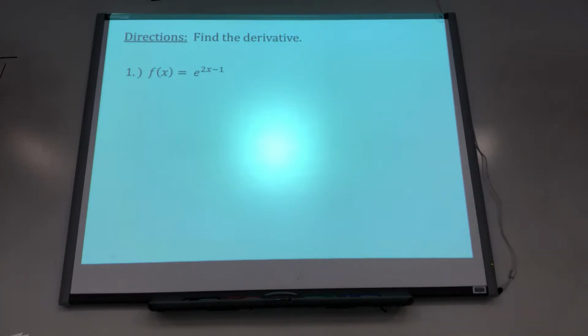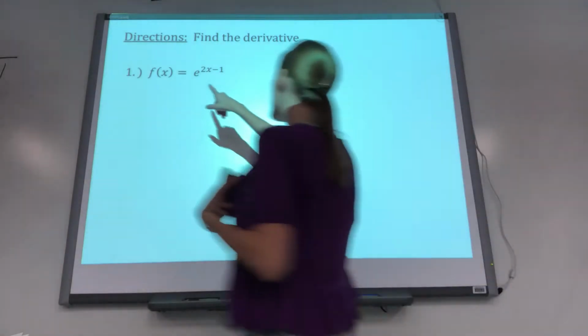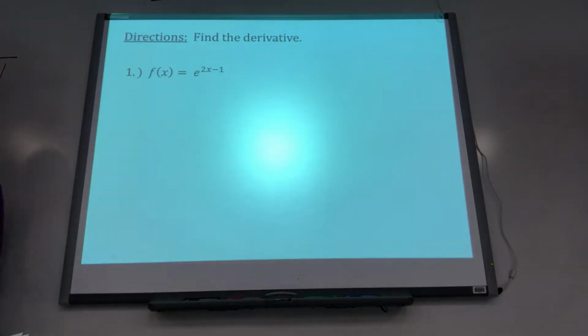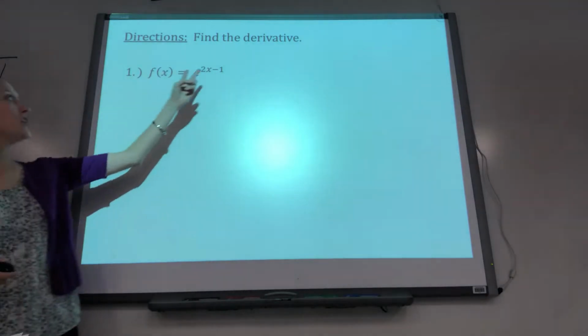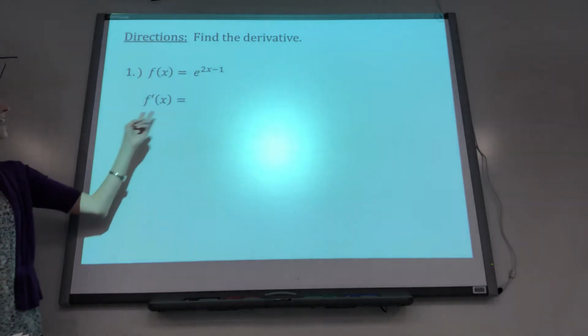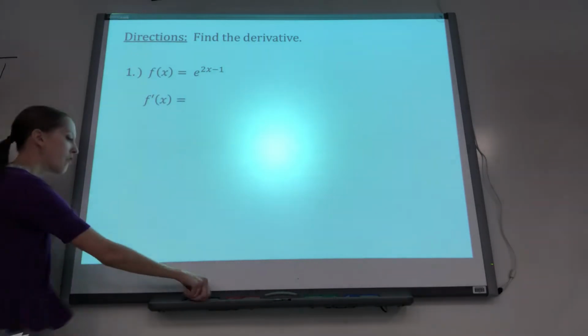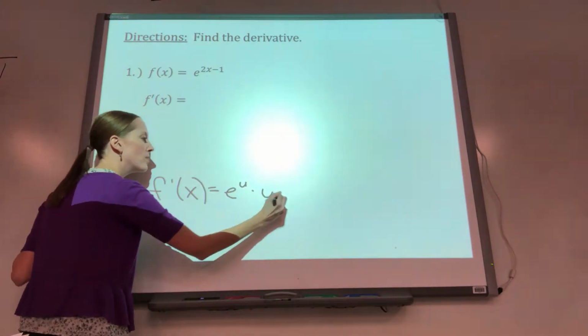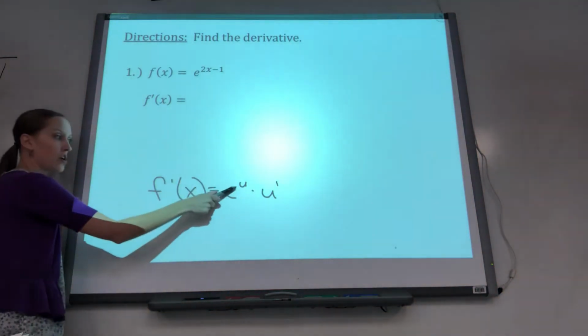Here is example 1. We've got f of x equaling e to the 2x minus 1 power. This is not just e to the x. This is e to some other function of x. So the u here is the 2x minus 1. So when I go to take the derivative, remember it said the derivative of e to the u was e to the u.